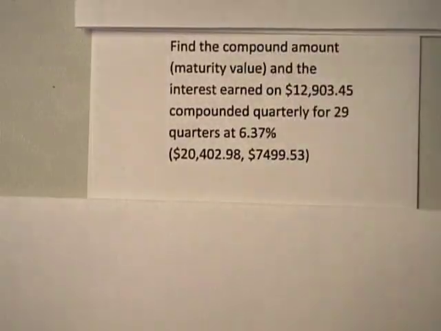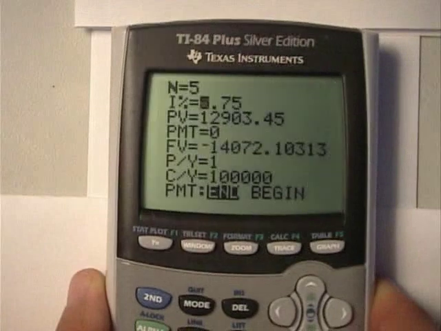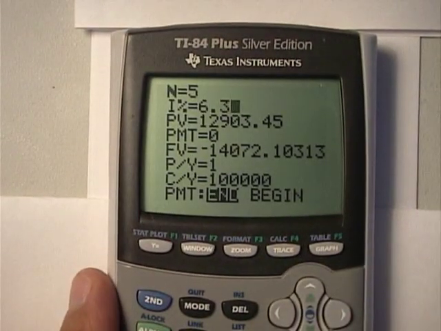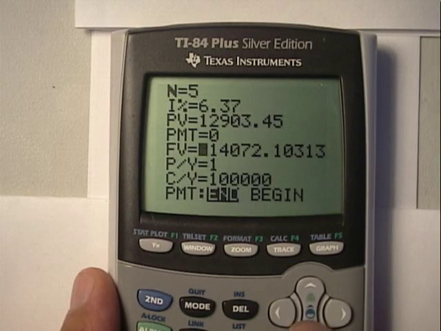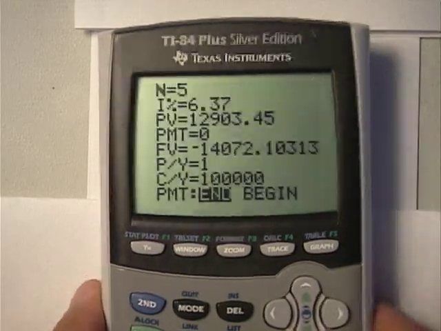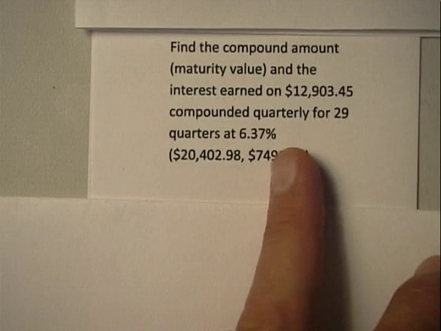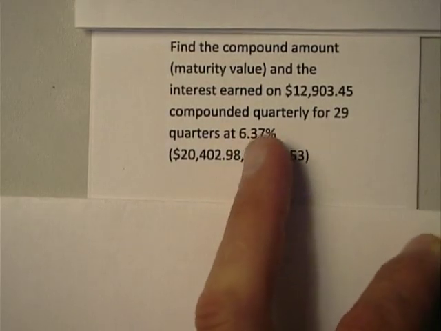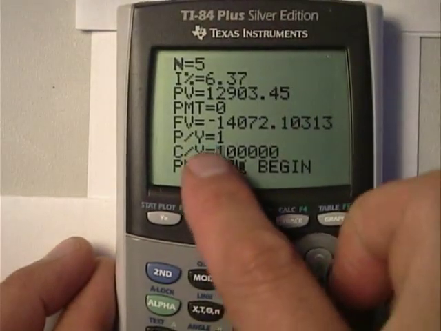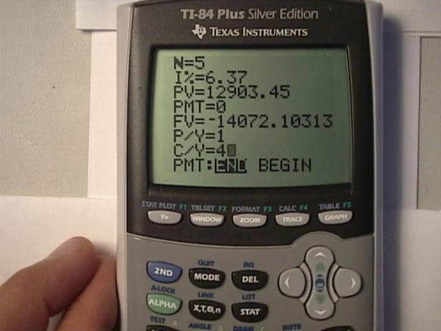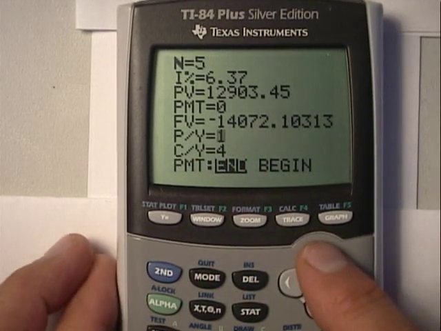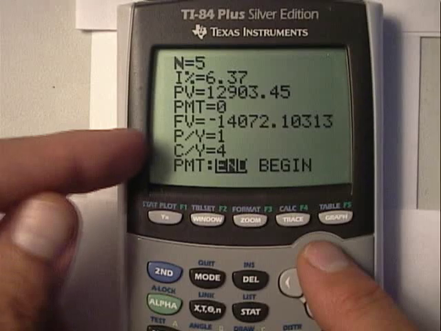I've got to put 6.37% in for the interest. The future value we're going to calculate, that's not known. And we want compounded quarterly, which means the compoundings per year is 4. That's quarterly.